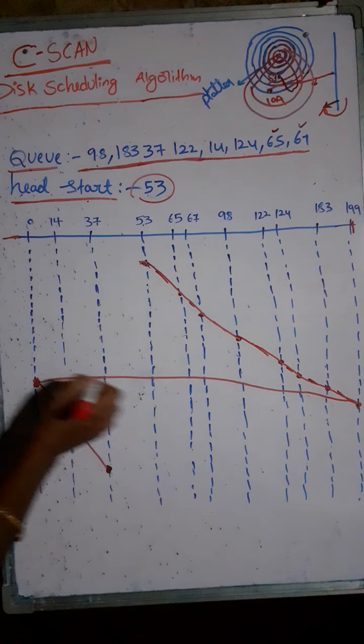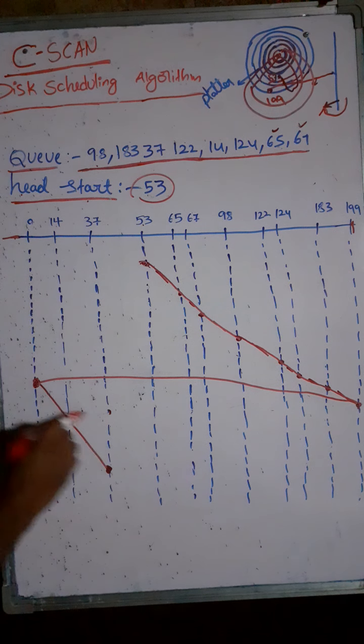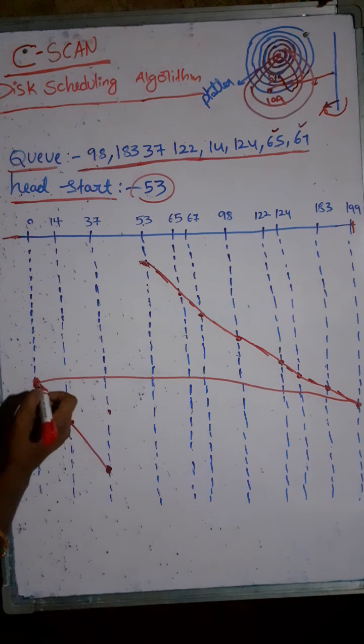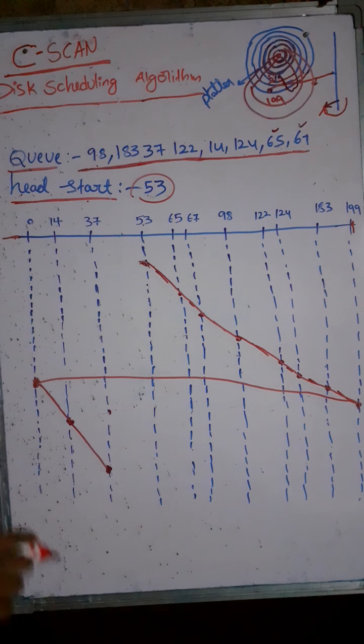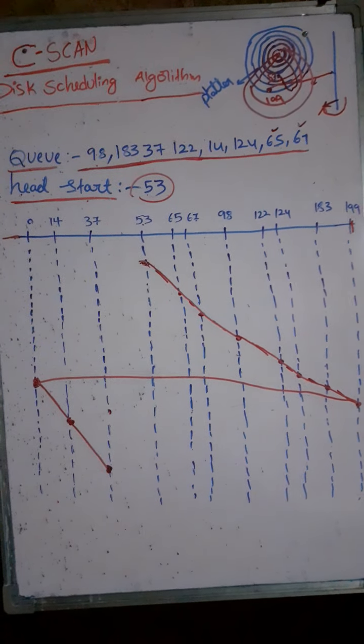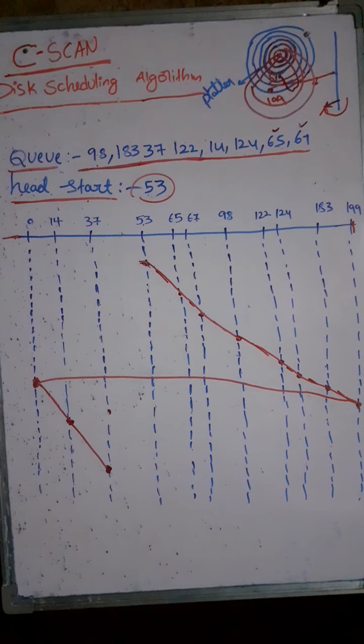That means in the return trip it will not serve any request. When it reaches track 0, it moves towards 199 and serves all the requests in its path. This is called the C-SCAN scheduling algorithm, or the circular scan scheduling algorithm.